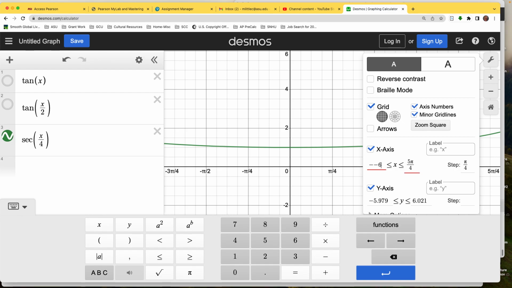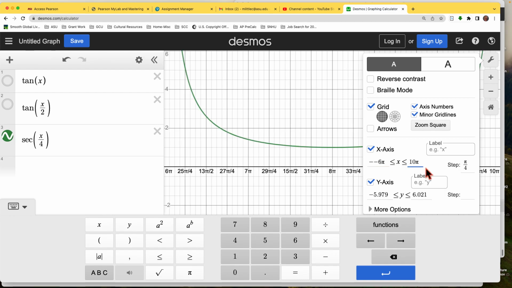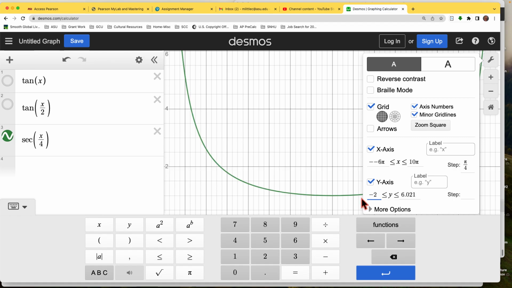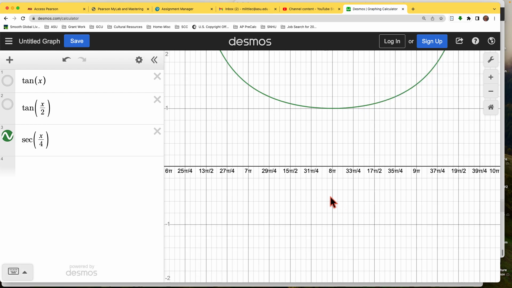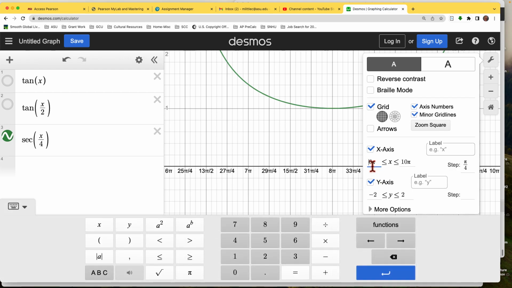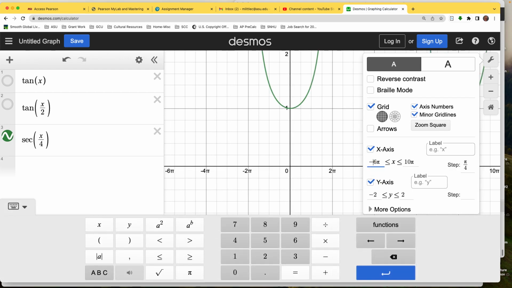They wanted negative 6 pi to 10 pi. And the y's are okay, negative 2 to 2. Make it a little bit bigger. I did something wrong there. Oh, negative 6 pi to 10 pi.